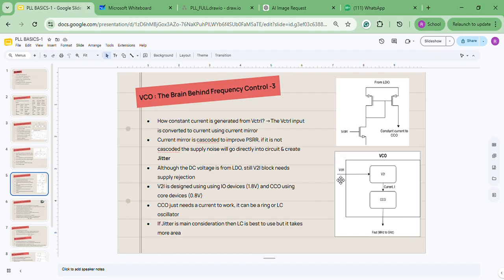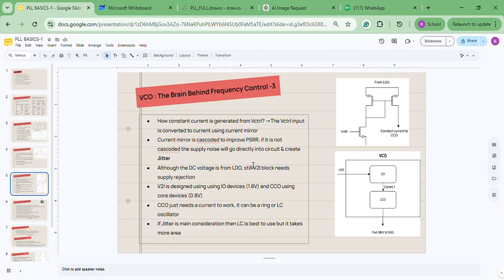So a VCO has a control voltage as input and a frequency in the megahertz to gigahertz range as output. VCO consists of broadly two blocks, a V2I and a CCO. How is constant current generated from V control?